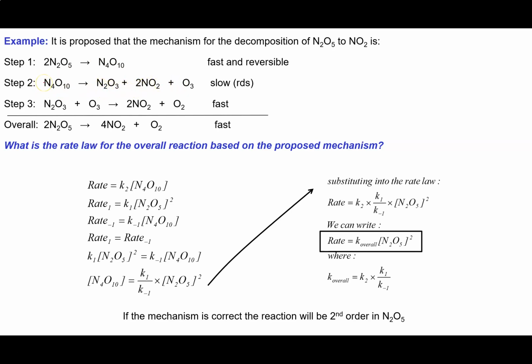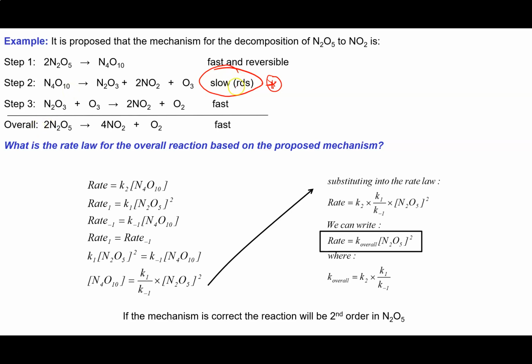It's unimolecular, and that's labeled as being the rate determining step. So the rate law for this step is going to be the rate law for the overall reaction. The slow step is then followed by another fast step, which is bimolecular. And when we add these elementary steps together, we get the balanced overall equation.